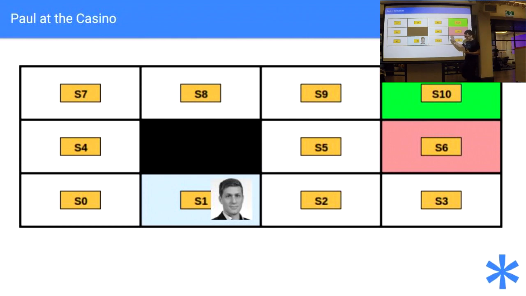And when he explores this casino, he's going to sometimes stumble into here, where this slot machine 6 will give him a -1 reward. And he's going to get depressed. Oh my God. This is where he goes, I'm going to have another drink.